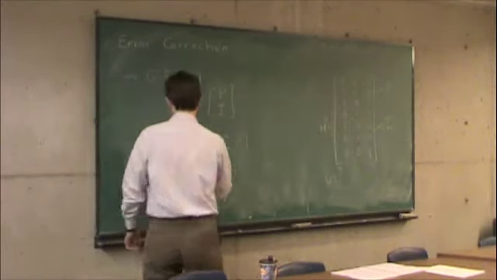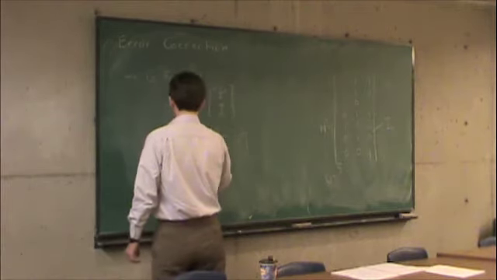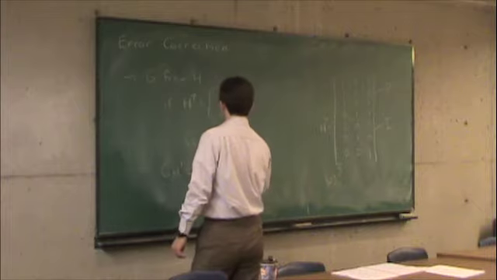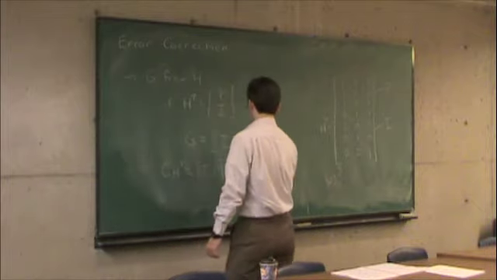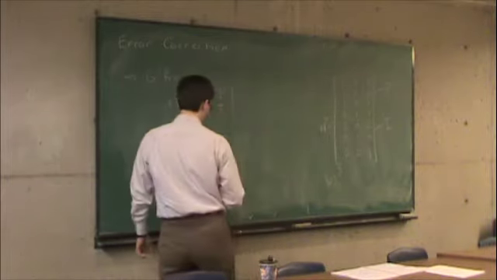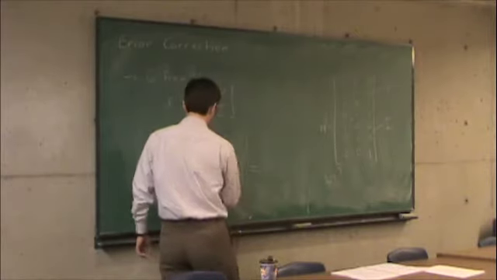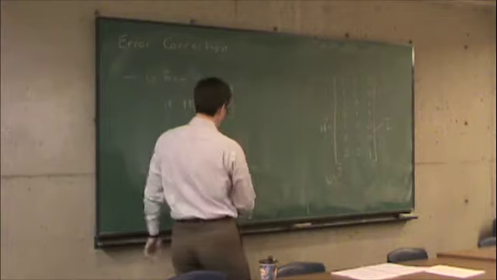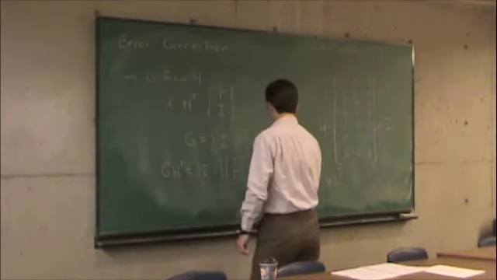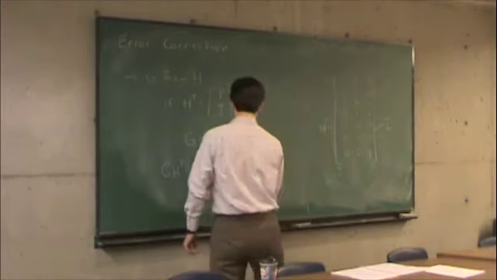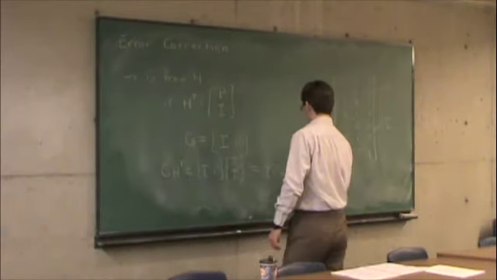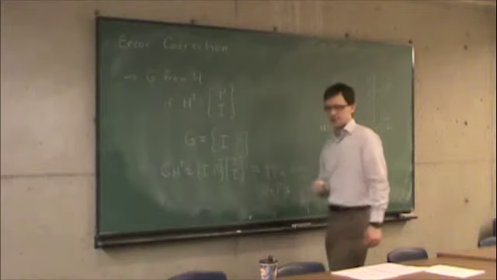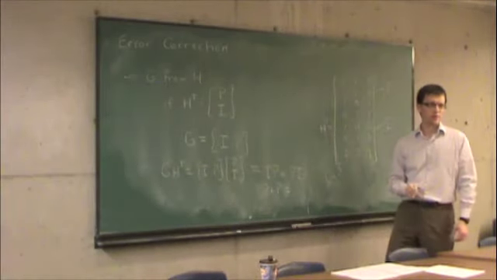So how does that work? G H transpose is equal to I P times P I, which in matrix multiplication is I times P plus P times I, which is P plus P. Because it's mod 2, that's equal to what?